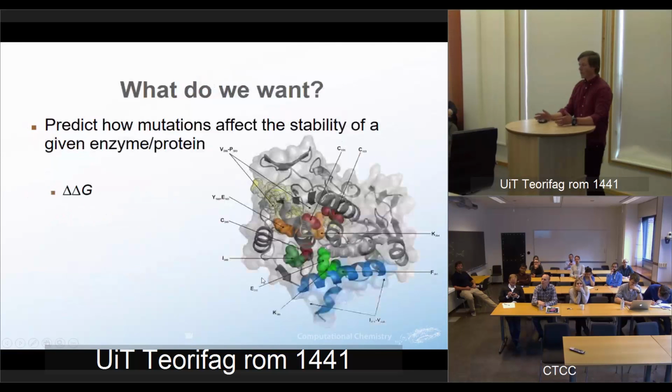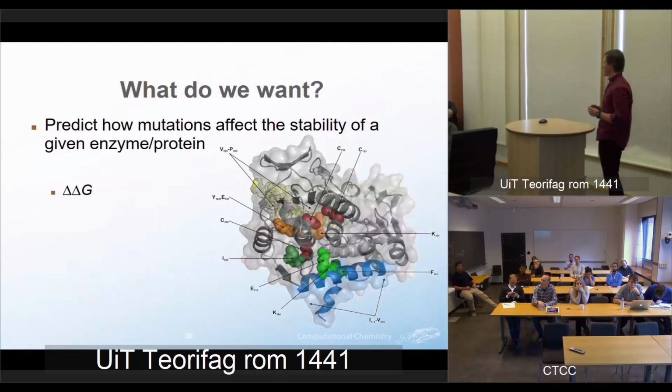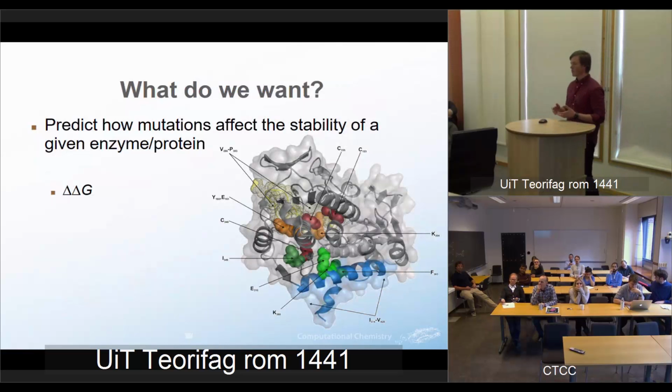So what we want is a method to enable us to predict the stability of proteins from mutations. We want to do a mutation, and we want to be able to say whether or not this mutation is stabilizing or destabilizing the protein. So we are in principle interested in the relative stability of the protein.